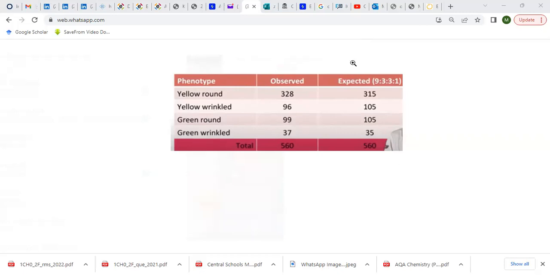This is the observed number. How do you get the observed number? Within the question it will be provided that these many are yellow round, these many are yellow wrinkled, these many are green round, and these many are green wrinkled. You will get this number either in the data provided or in the question, correct?